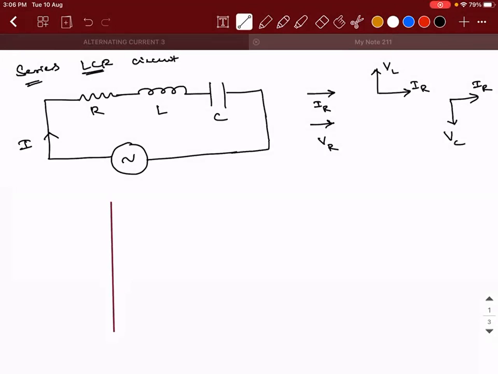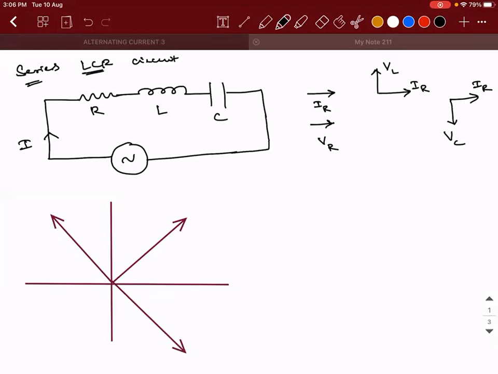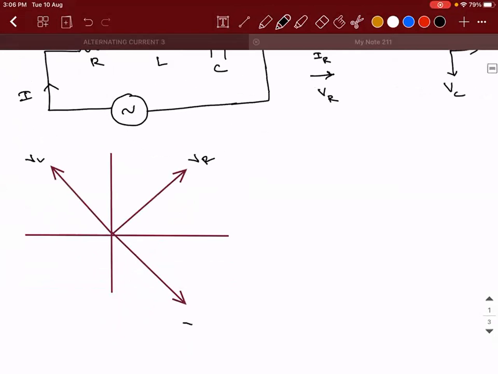So having all these points in mind, if we try to plot a phasor diagram between all the voltages, if VR is like this, then VL will be in this direction and VC will be in this direction. So this is VR, this is VL, and this is VC. If I take this as omega t, then this will be 90 degrees and this will be 90 degrees.